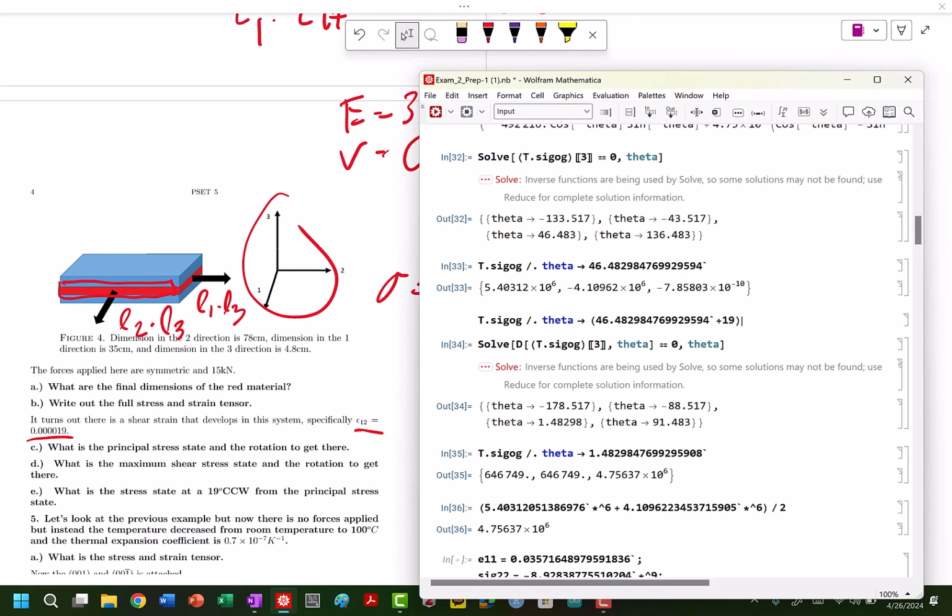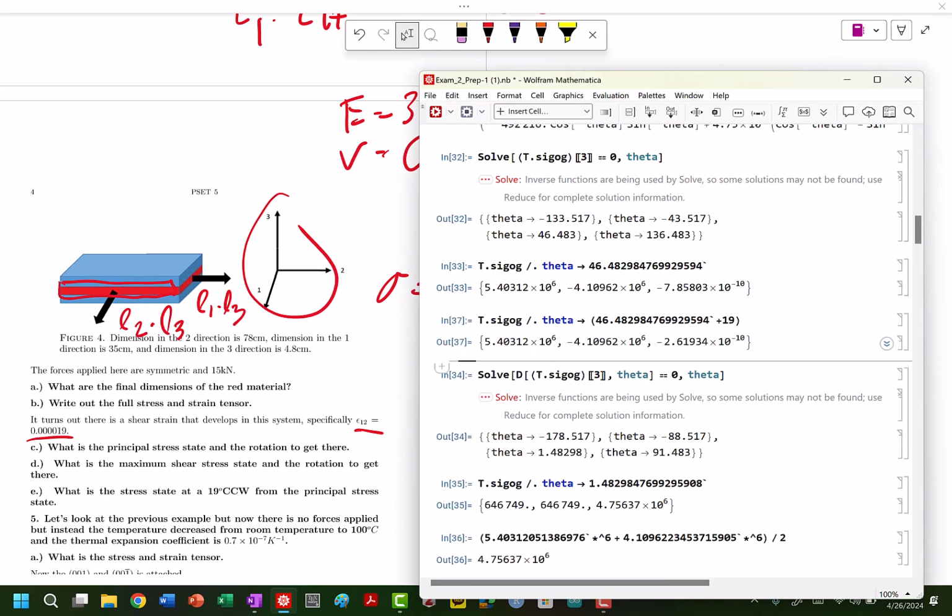So that rotation to get to principal shear plus that 19 degrees, and then it would give me this value here as well. Actually, that's much better. I had a little Mathematica issue there, but that'd be it. So the linear algebra approach is really, really nice.